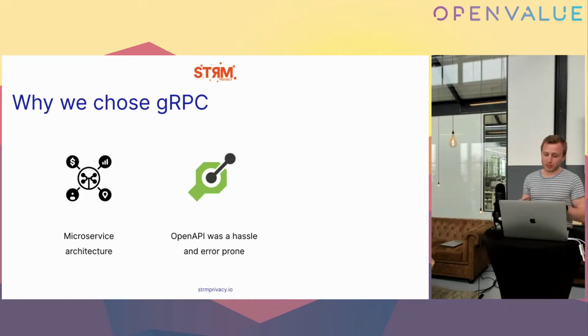A lot of times I had the issue that I was using the Swagger page to do a specific REST call on my application that I was developing, and it just didn't work. And after a few minutes, I discovered that there was a misalignment there. So OpenAPI was a hassle for us and was error prone.